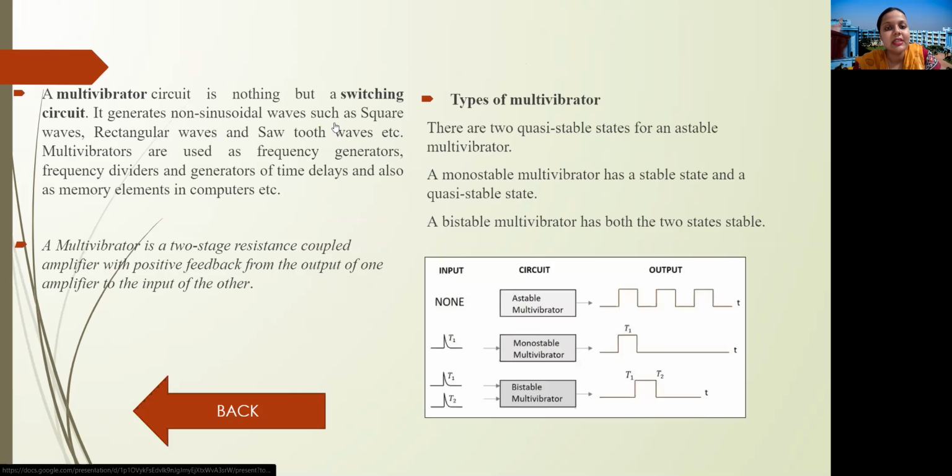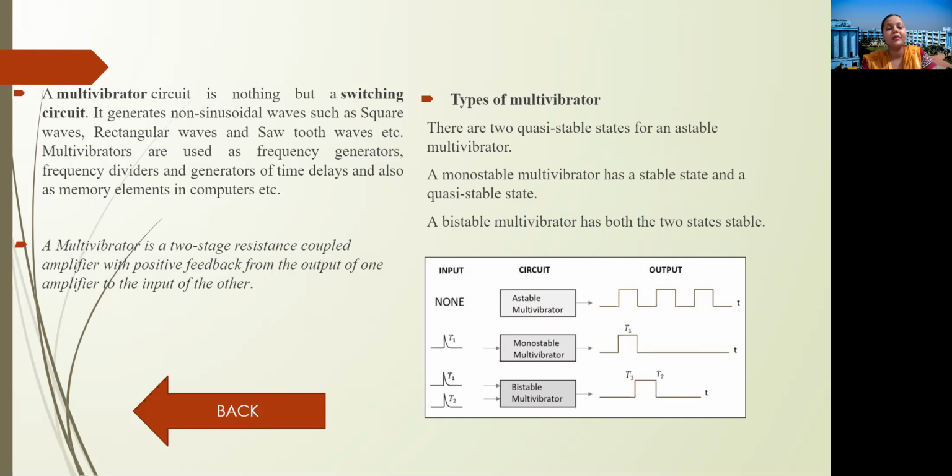So the first is definition and types of multivibrator. A multivibrator is a circuit which is nothing but a switching circuit. It generates non-sinusoidal wave such as square wave, rectangular wave, and sawtooth wave. These are used as frequency generator, frequency divider, and generators of time delay, and also as memory elements in computers.